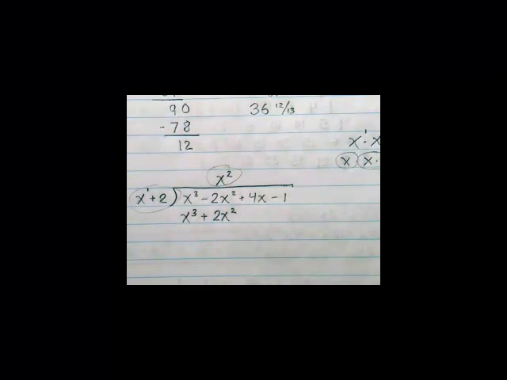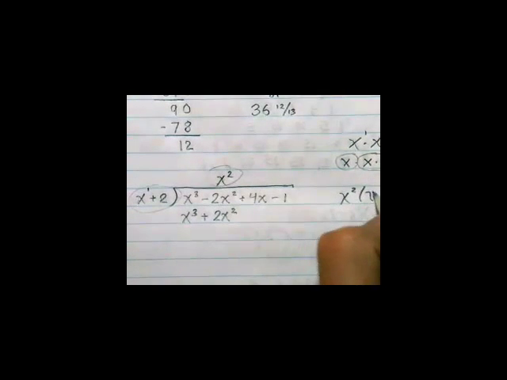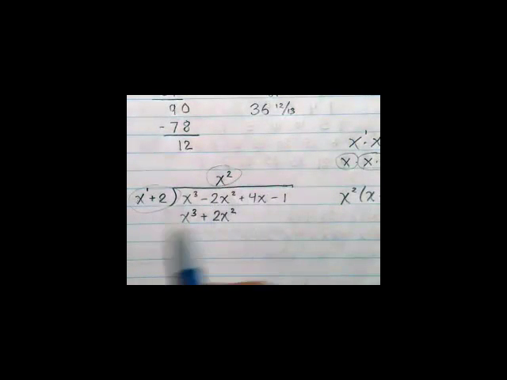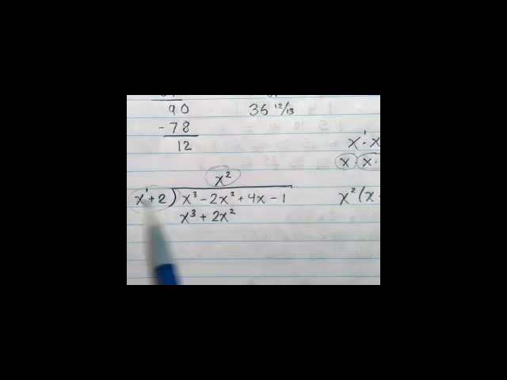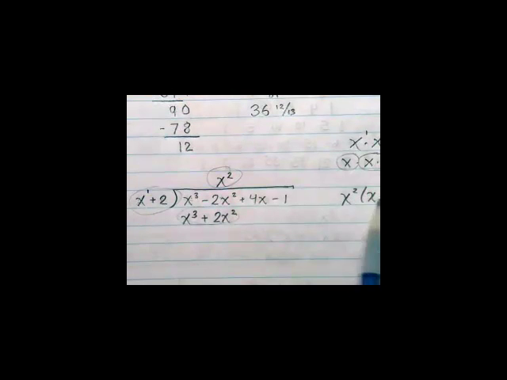But why would you distribute the x squared to the 2? Because the first time you never did anything with the 2. That was just so I knew what to get up here to start with. Because I can't have one thing that I multiply by both of these to get both of these. They're going to be different things. So it's just one term to get myself started. How I got this right here, I'm just multiplying x squared times x plus 2, right?